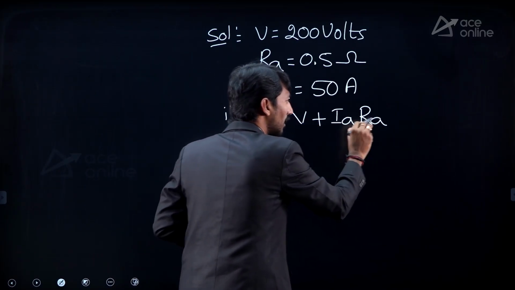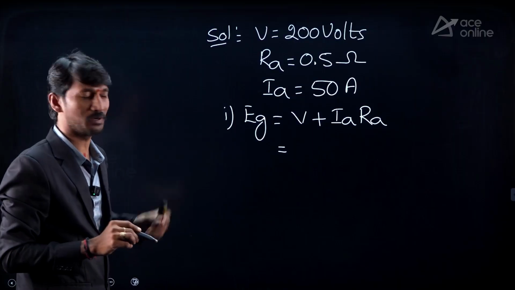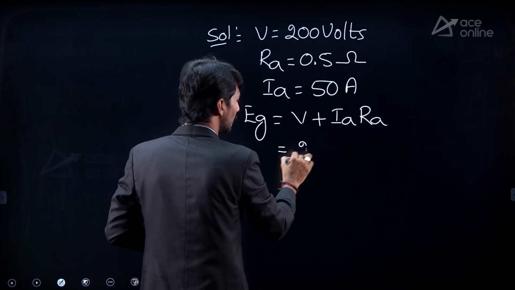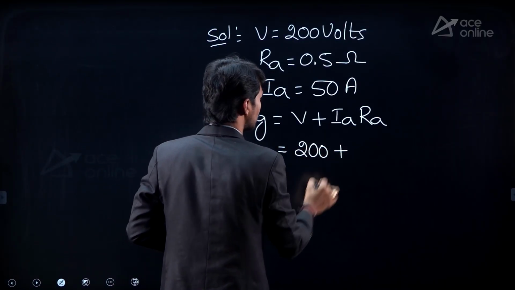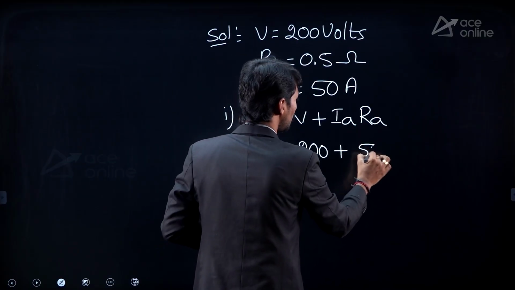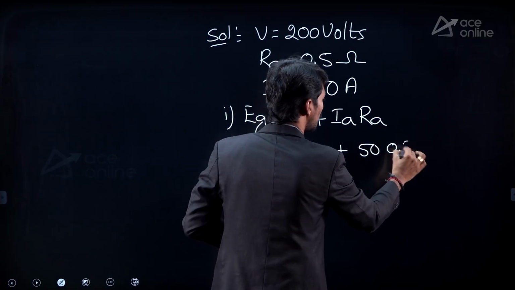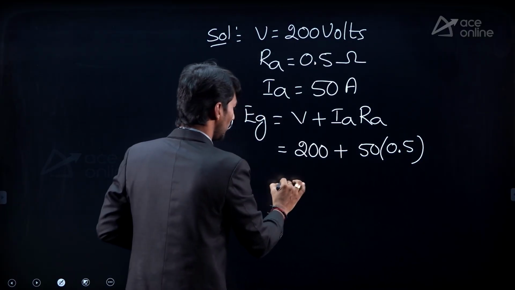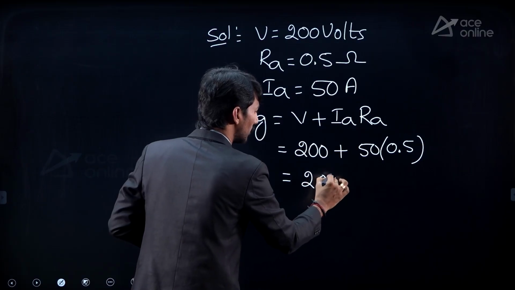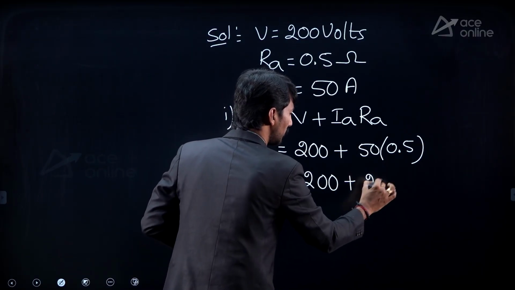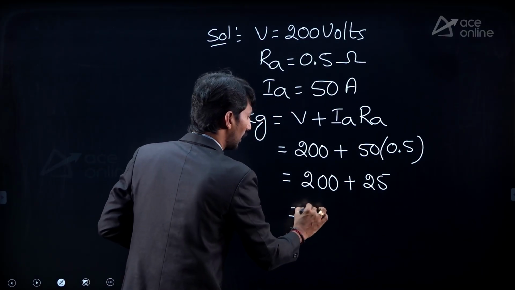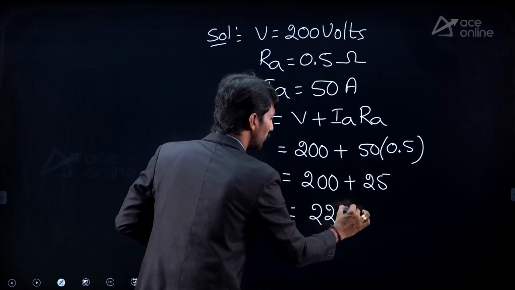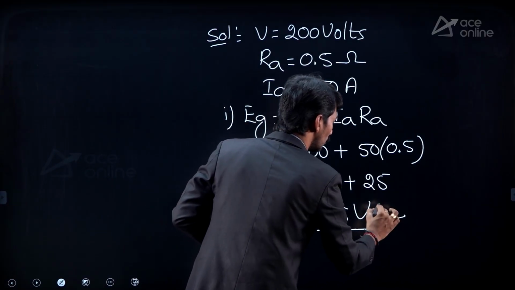If you are able to recollect the formula, the answer is very, very simple. V is 200 plus IA 50 times RA 0.5. Simplifying, 200 plus 25. Therefore, the value will be 225 volt.